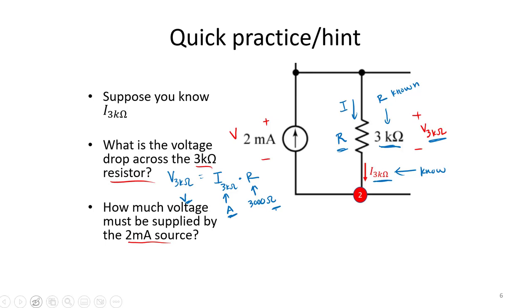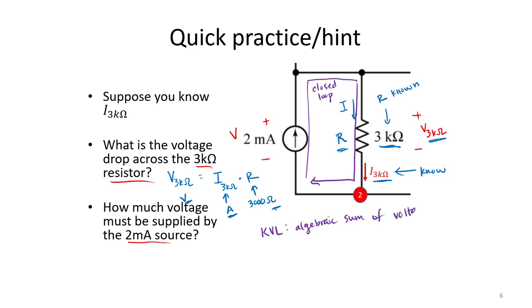So, one thing that we do know is that this whole part of my circuit is a closed loop. What do we know about the voltage in a closed loop? Well, if you remember Kirchhoff's voltage law says that the algebraic sum of my voltage rises and drops.